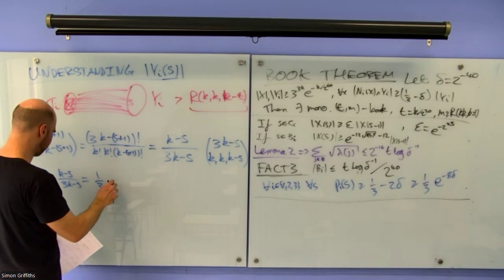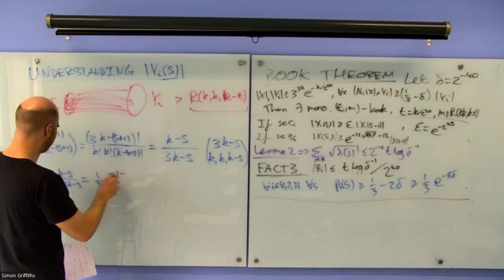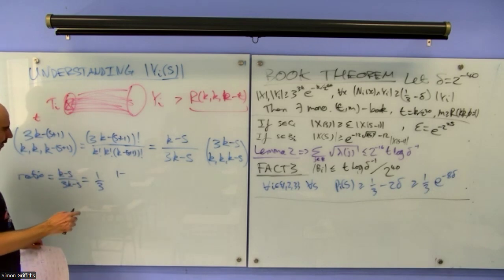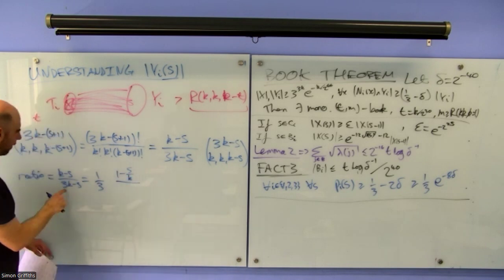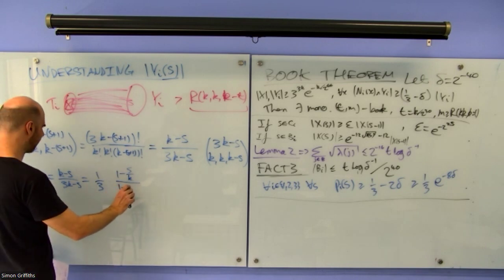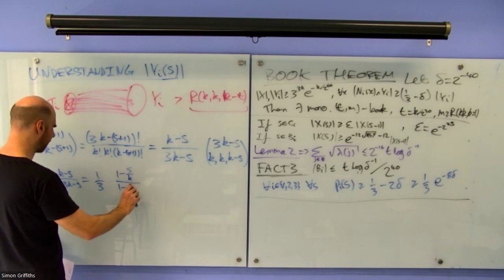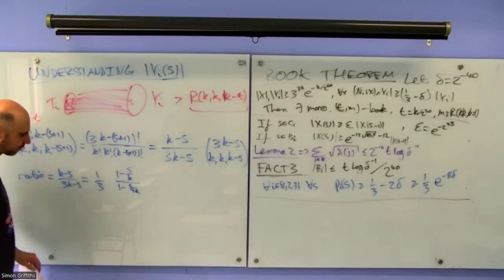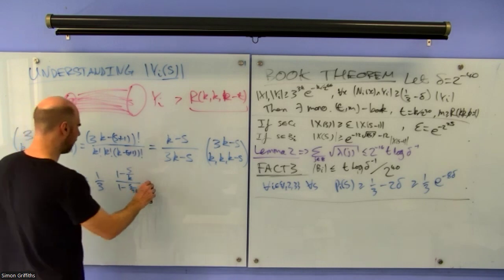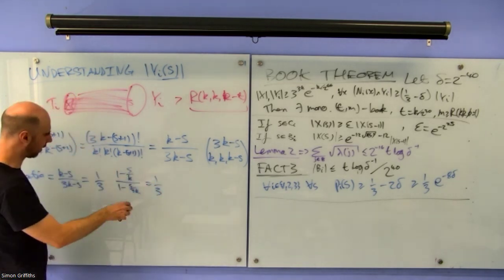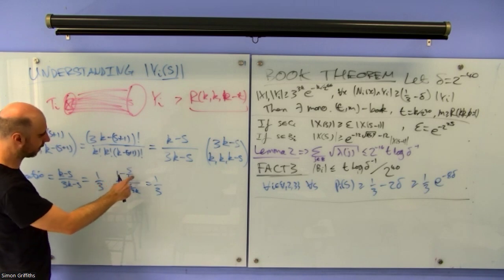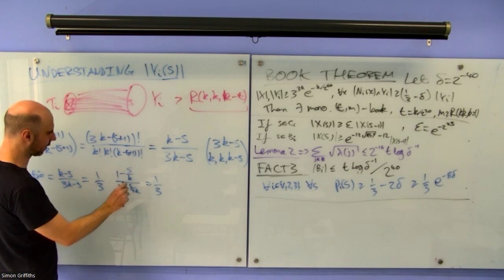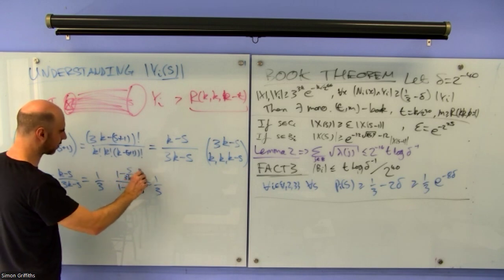I think, yeah, one way to do it, which I've got here, is on top, if we divide by k both, on top what you have is 1 minus s over k. And here, if we take out the 3, and we divide by k, you have 1 minus s over 3k. And let's think about this here. You could think of this as 1 minus s over 3k minus 2s over 3k, because then this is just s over k, it's 2s over 3k.